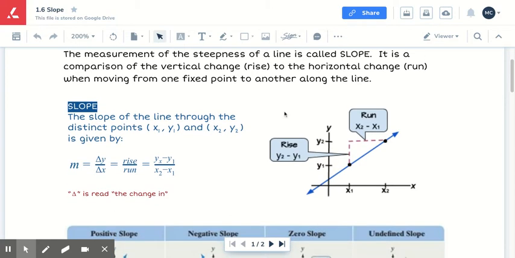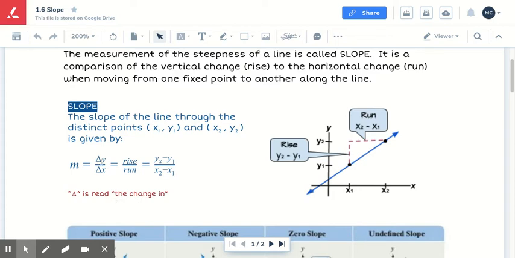So the slope of the line through the distinct points (x1, y1) and (x2, y2) is given by this formula here. And this is actually several different versions of the same formula. M is used to denote slope because of some kind of French word that starts with M. Anyway, this triangle is read "the change in."